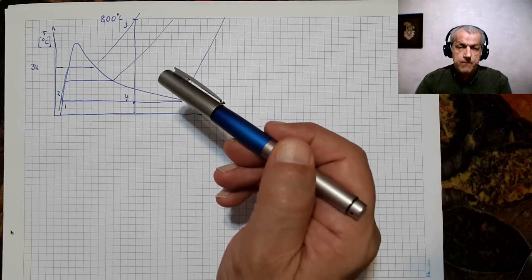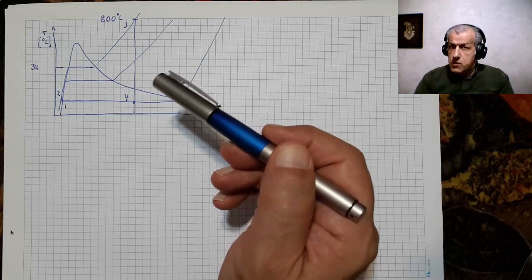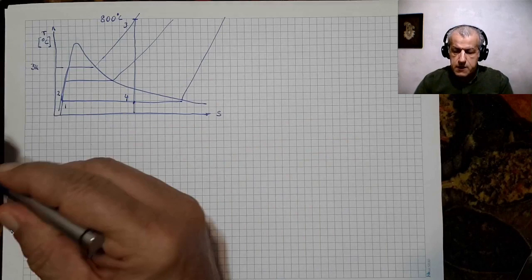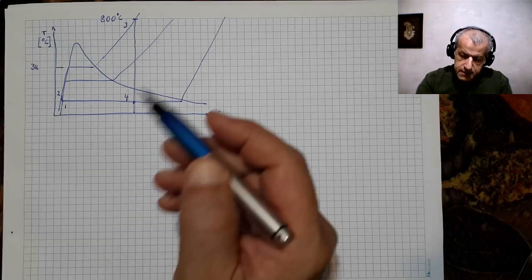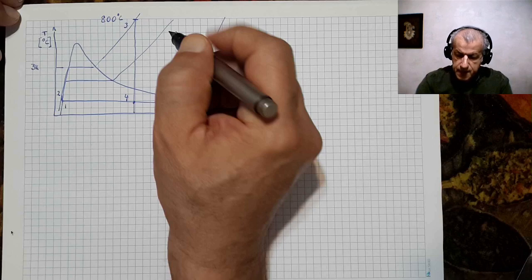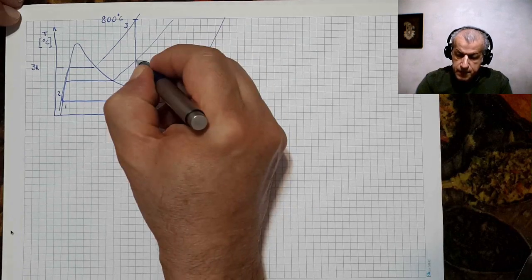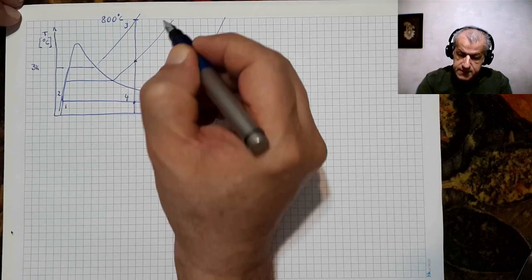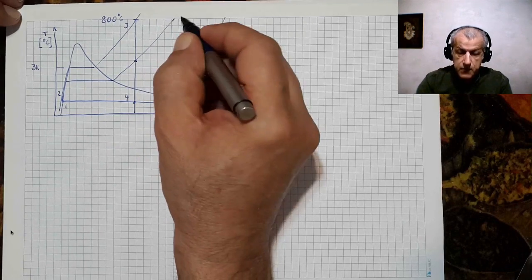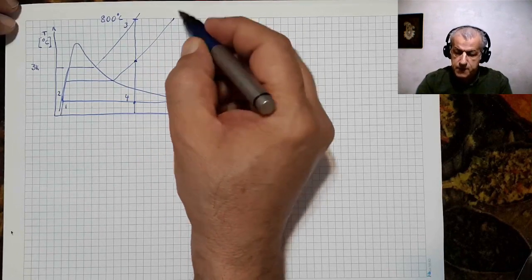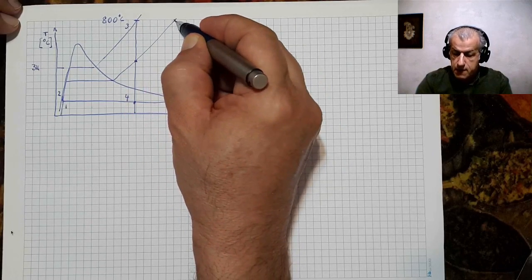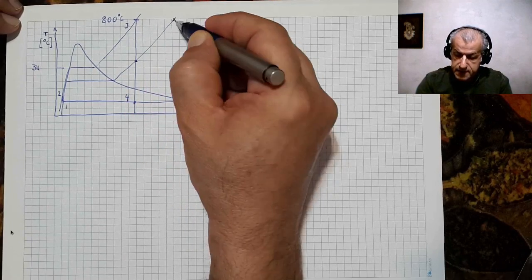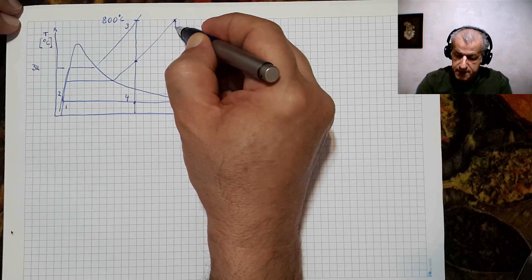So the way to solve this problem is through a reheat. What they do is that they take the steam at some stage out of the turbine, bring it to the boiler, and then expand it in a different turbine.